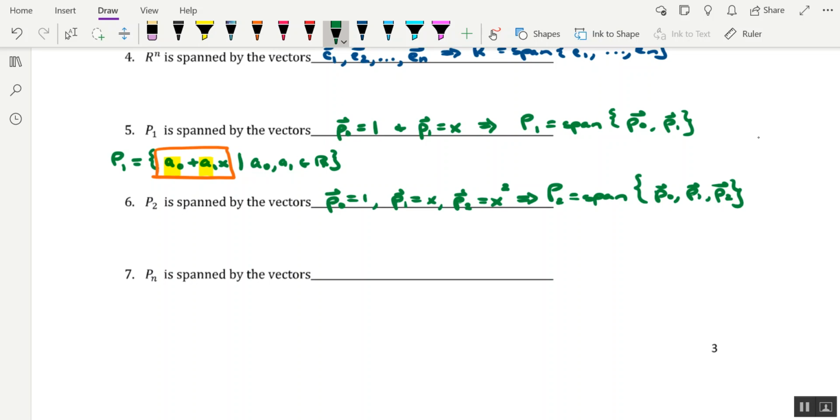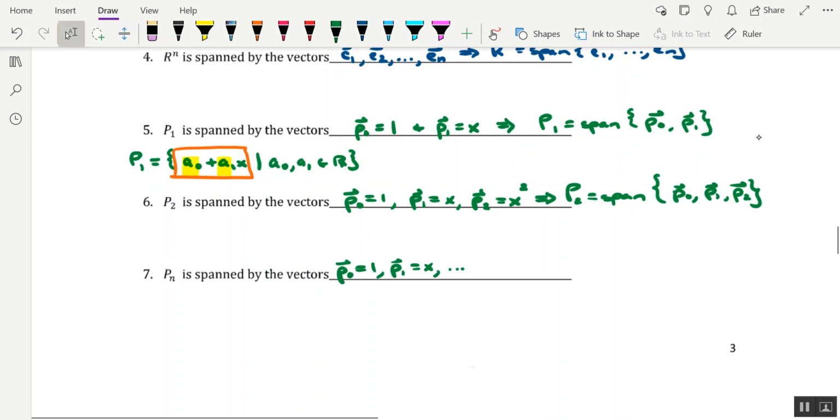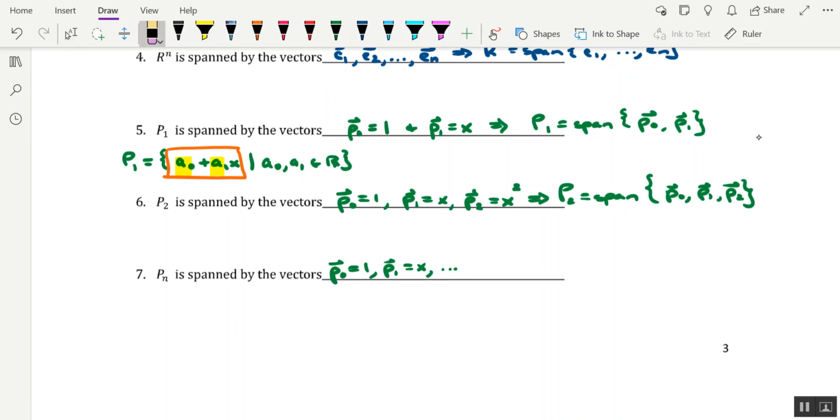I'm going to generalize this to P sub n, and vectors that would generate polynomial space P sub n would go as follows. P sub 0 equals 1, P sub 1 equals x, all the way down to P sub n equals x to the n. So P sub n qualifies as the span of those polynomial vectors, P sub 0 through P sub n.